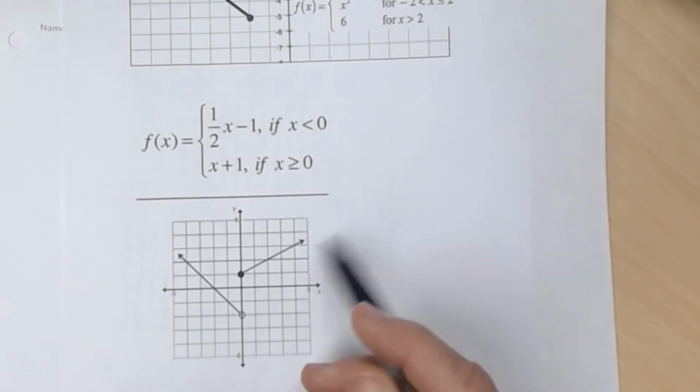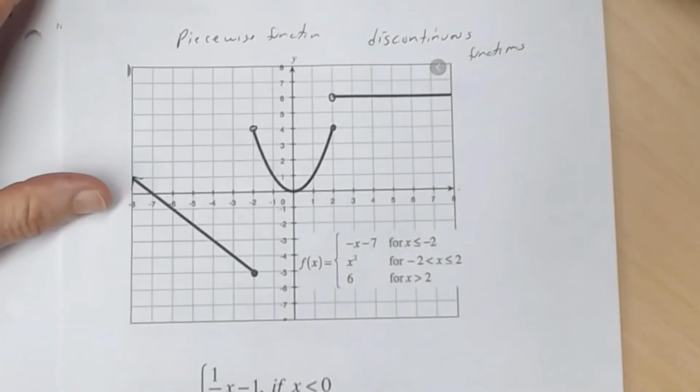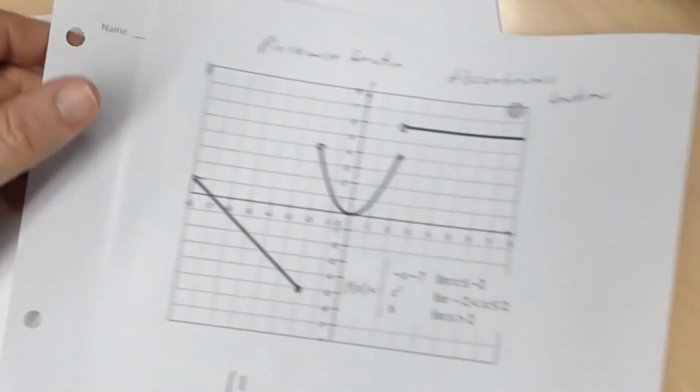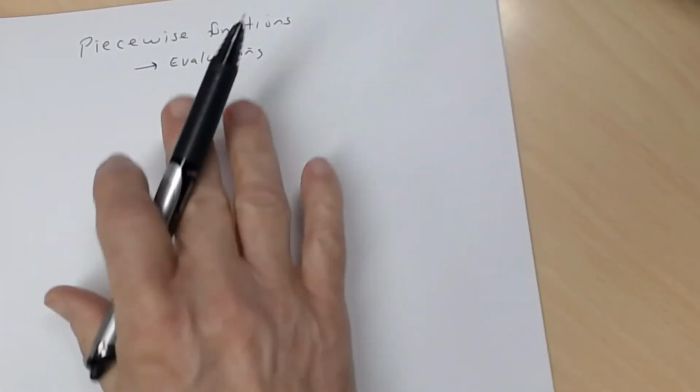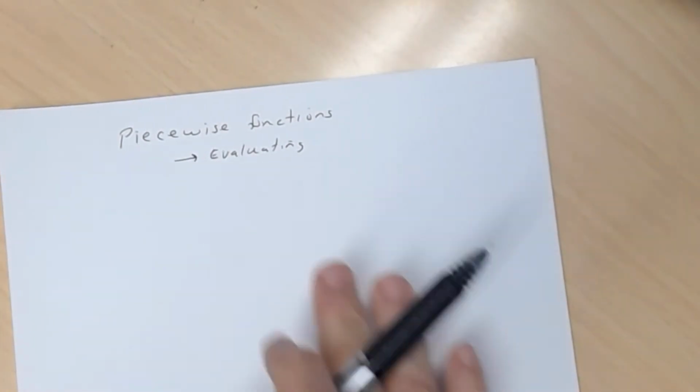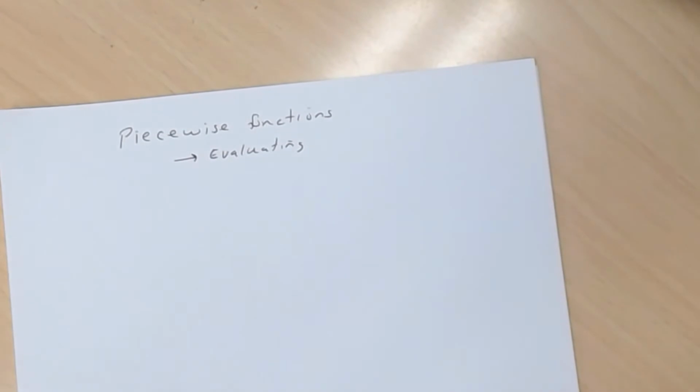All right. Now, what I want to do in this lesson is talk about how to evaluate piecewise functions. So we're going to talk about evaluating piecewise functions. All right, so let's look at these examples. Example number 1.